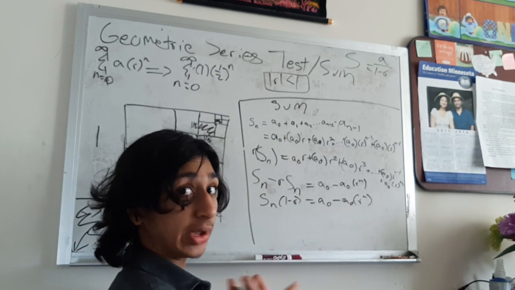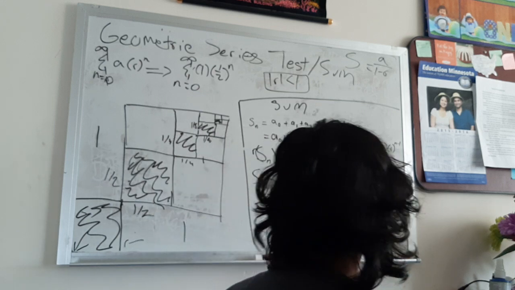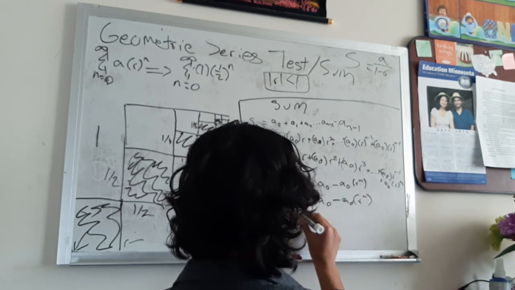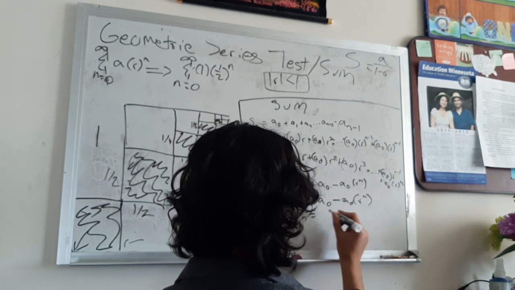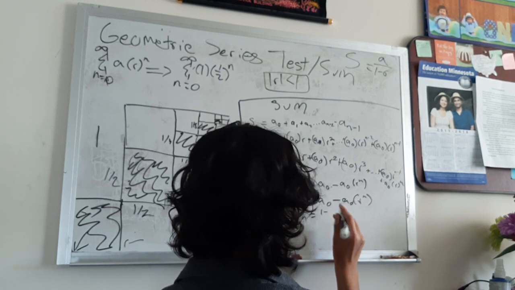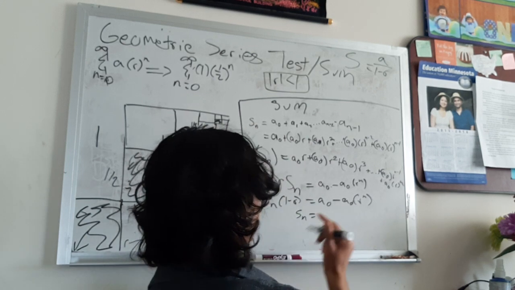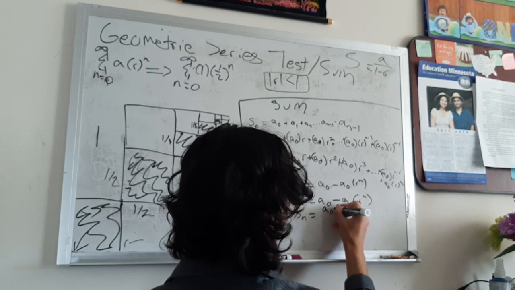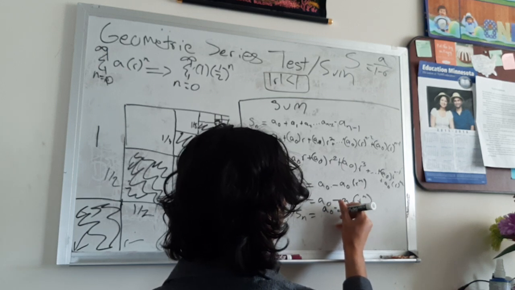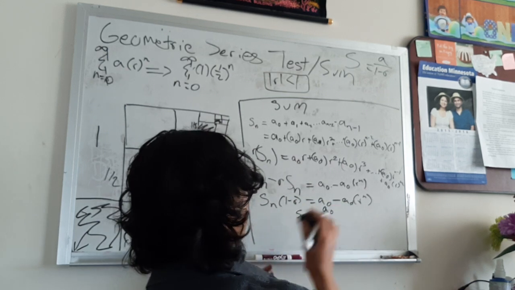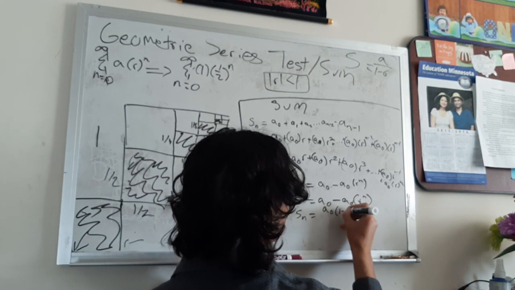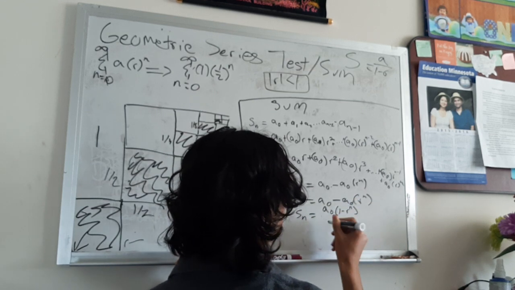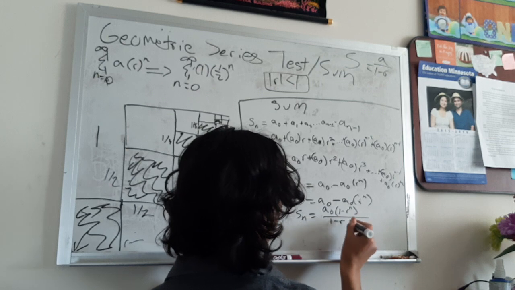Actually, first I'll do the general formula for finite sums, and then I'll take a limit. So we'll get S of n equals a naught 1 minus r to the n over 1 minus r.